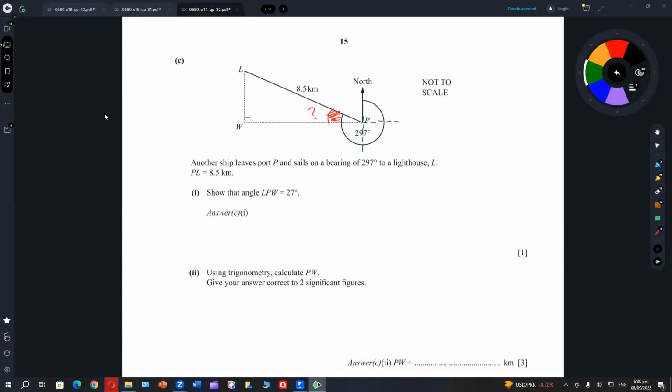I have marked this dotted line. This is 90 degrees. This is again 90 degrees. And this is again 90 degrees. I have made the hint. There are 390 degrees in this total angle of 297.